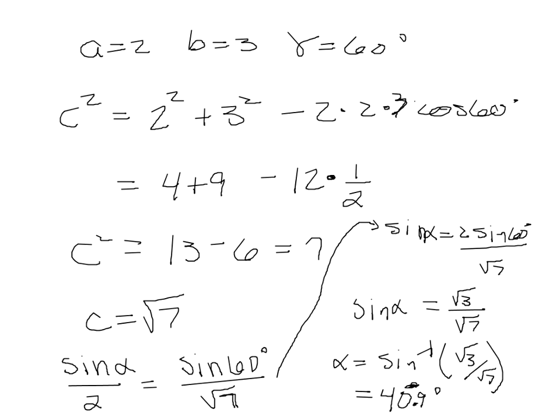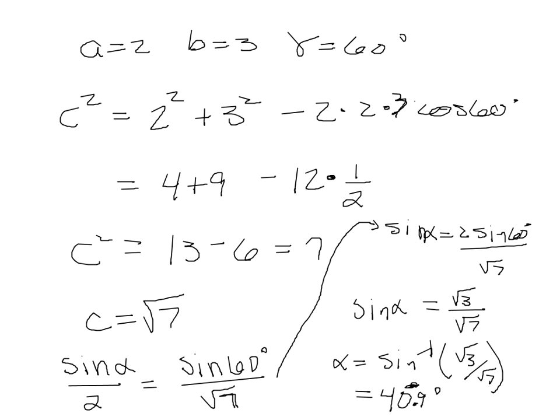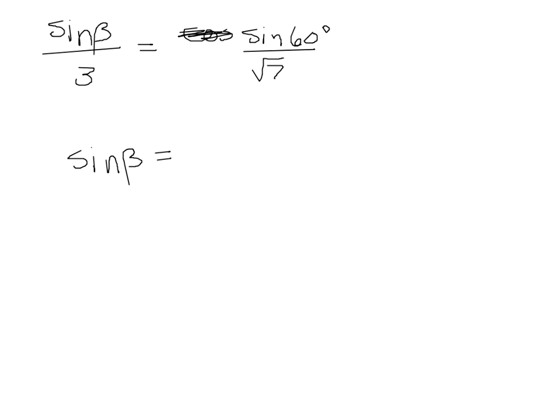Okay, now we have to do the same kind of thing for beta. So we get sine beta over 3 equals sine 60 degrees over square root of 7. So sine beta equals 3 sine 60 over square root of 7.